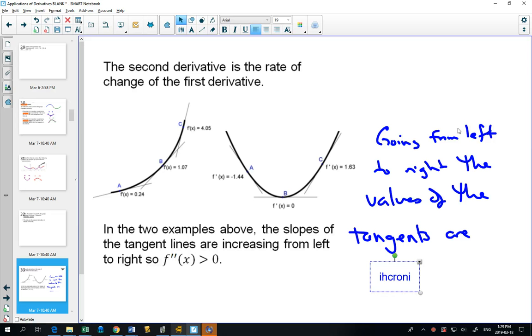Is that close to increasing? No. Sorry. So going from left to right, the values of the tangents are, well, now I can't even erase that. Here we go. So beautiful. Look at such nice penmanship. Increasing. It's like even like a happy face down the perfect.